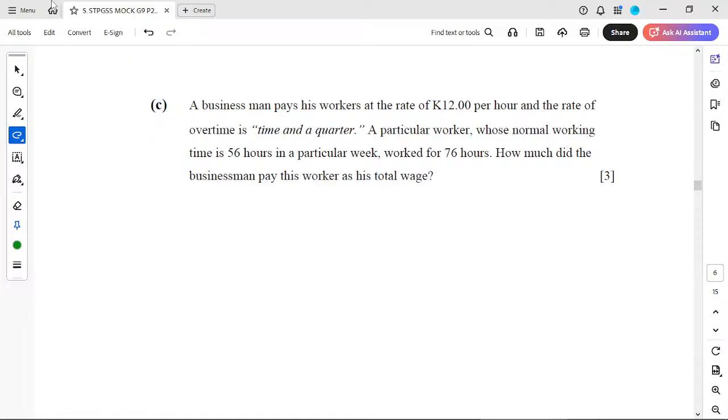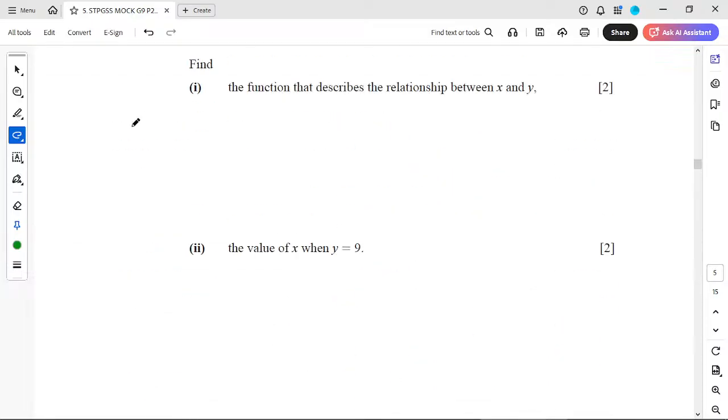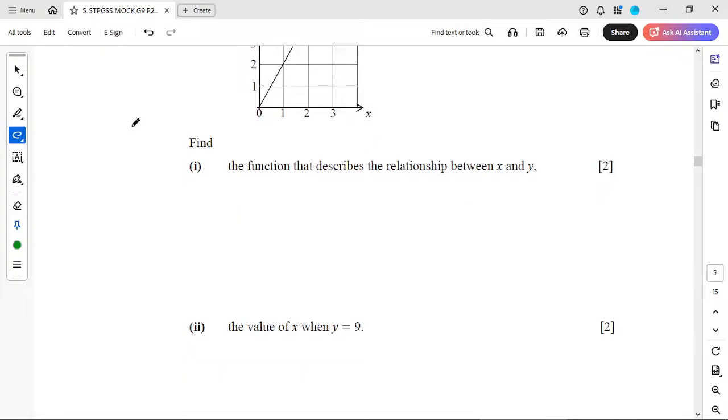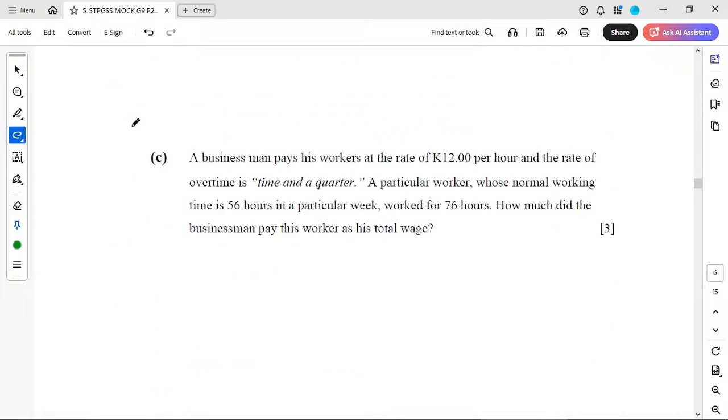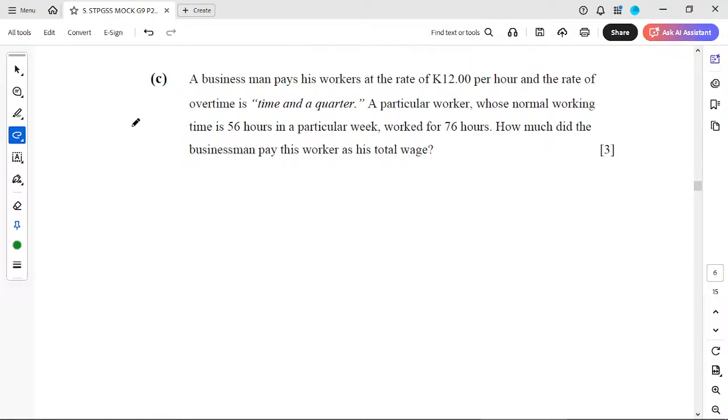The question is as follows, which is question 3C? Let me check. Yes, this is question 3C, which is as follows. A businessman pays his workers at the rate of 12 kwacha per hour, and the rate of overtime is time and a quarter.